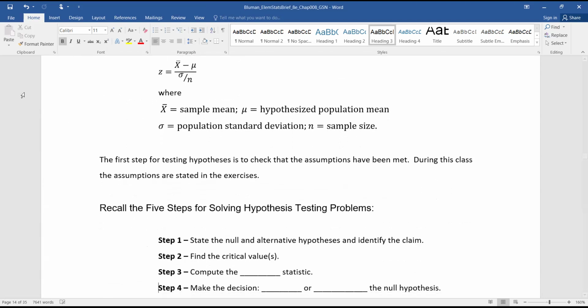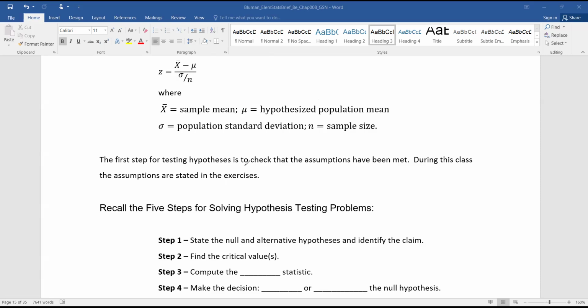We find the z-score by taking the sample mean minus the population mean, divided by the population standard deviation divided by the square root of the sample size. Here, X bar is the sample mean, mu is the hypothesized population mean, lowercase sigma is the population standard deviation, and lowercase n is the sample size.